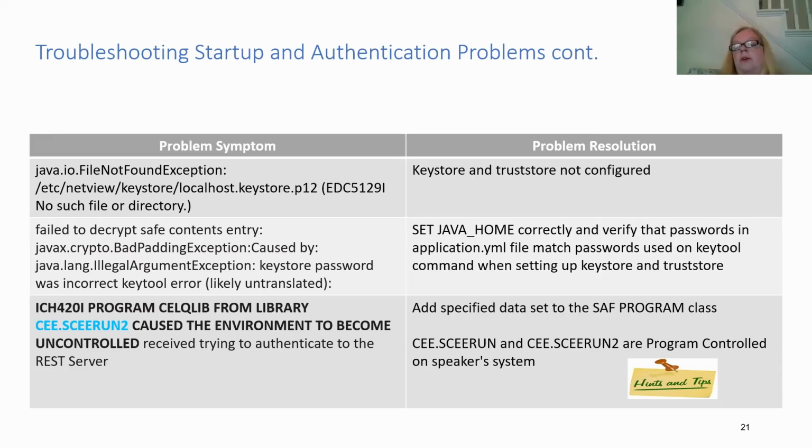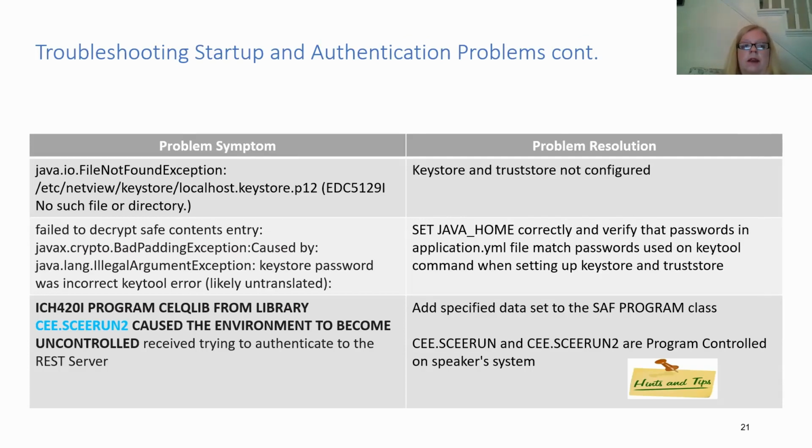But also, if your passwords aren't matching what you set and what's configured in the application.yaml file, that can also cause this error. So make sure once you set those passwords that you put them in a safe place so you can pull them out and verify them if you run into something like this. And then the last thing, this is one I also ran into.